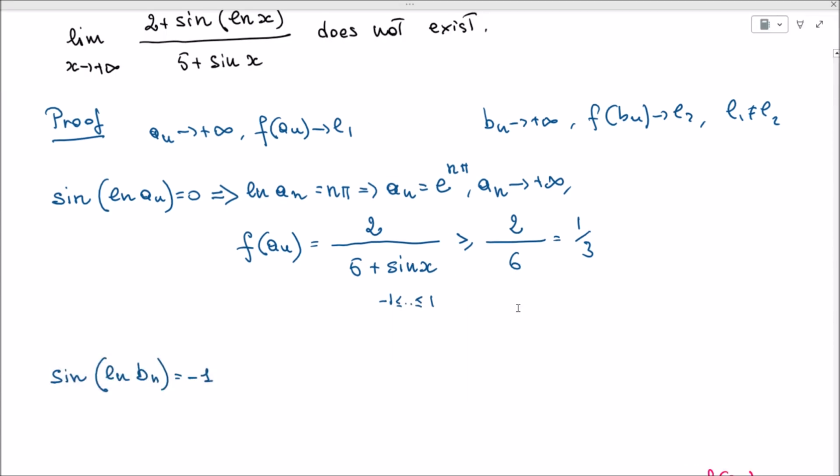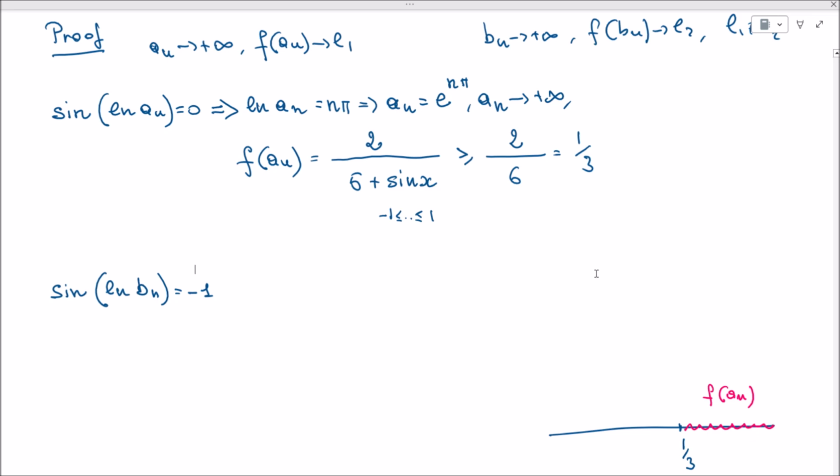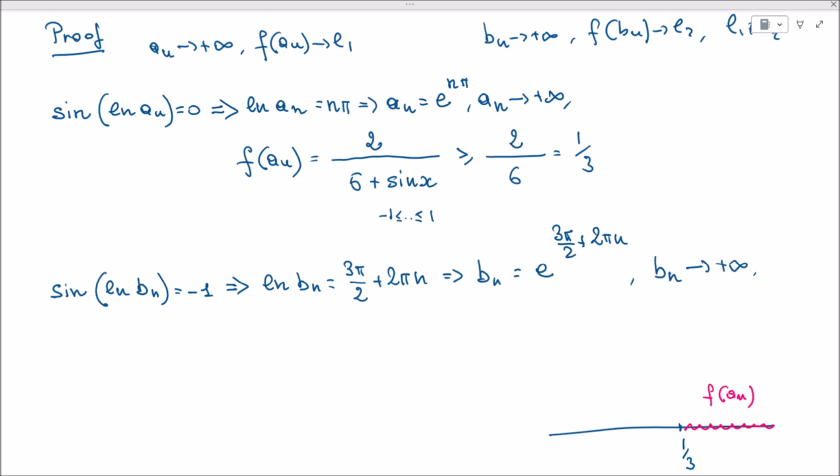Let's make some space here. So this implies that the logarithm of bn, when is the sine equal to -1, the logarithm of bn is 3 pi over 2 plus 2 pi n, okay, which implies that bn is equal to e raised to the 3 pi over 2 plus 2 pi n, and once again we have that bn clearly is diverging to plus infinity, so this is a good candidate.